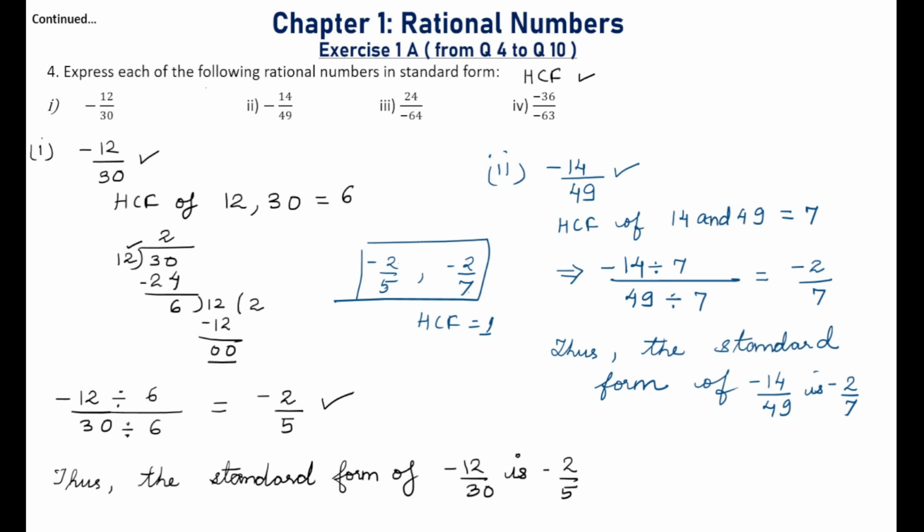Now coming to the third question. The third question is 24 by minus 64. So again, let us calculate the HCF of 24 and 64. So I will divide 64 by 24.